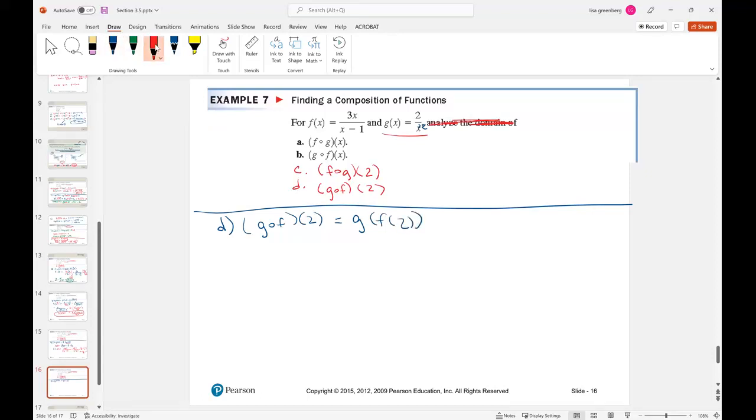So now I have to evaluate f of 2 first. So f of 2 is equal to 3 times 2 over 2 minus 1, which is 6 over 1, which is 6.